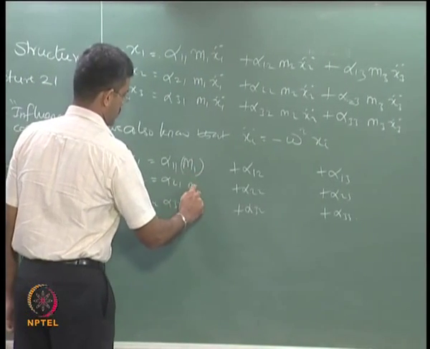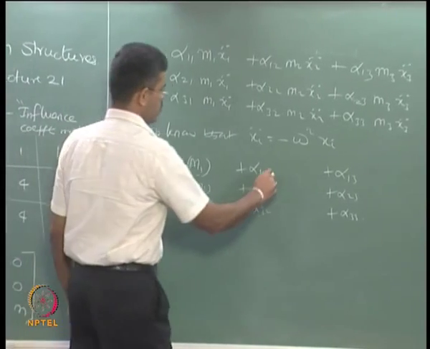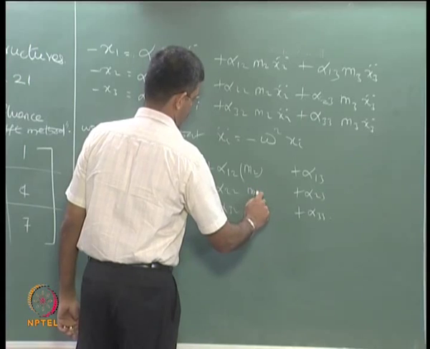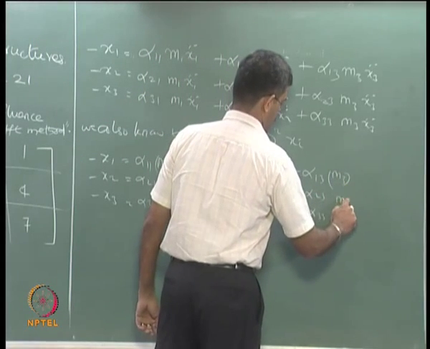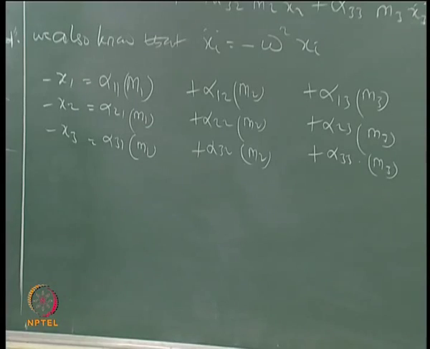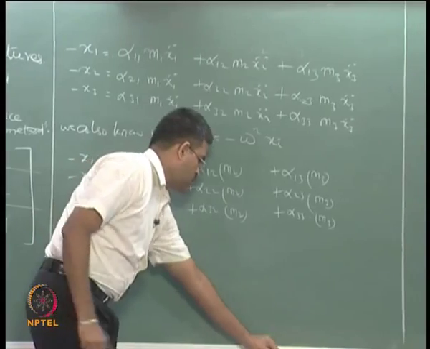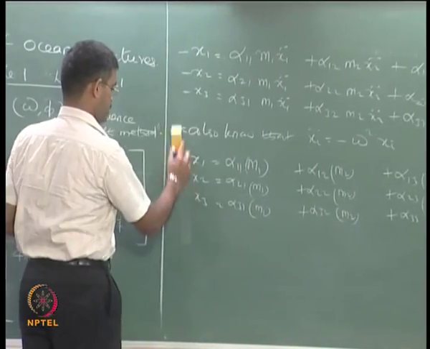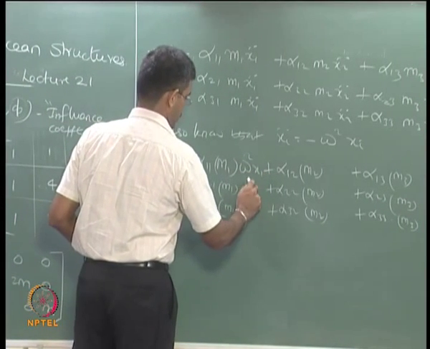So substitute back in this equation, I get m1, similarly m2, and the minus sign in this case will get cancelled with this negative sign. So I can remove these negative signs here, and simply say omega square x1.